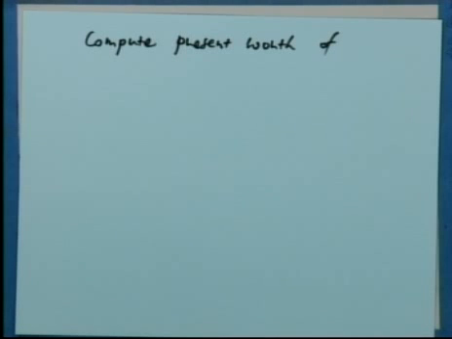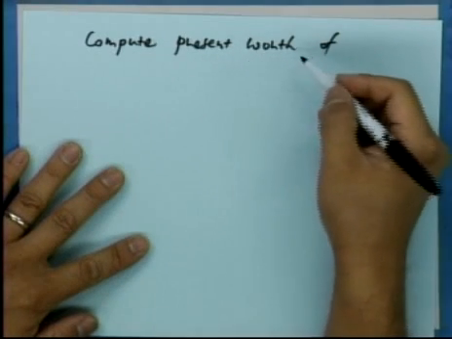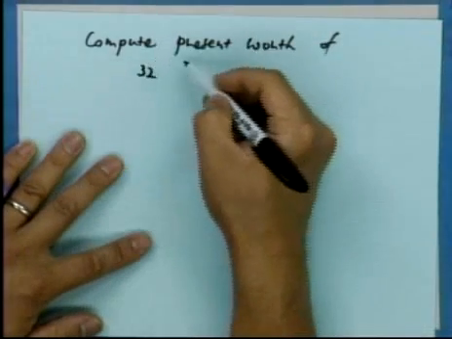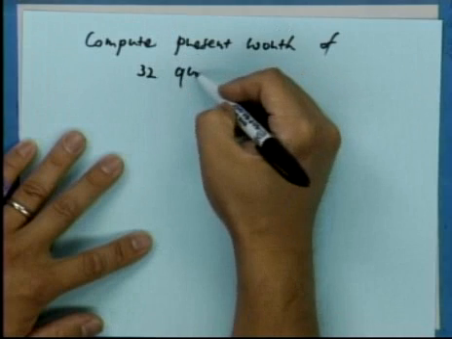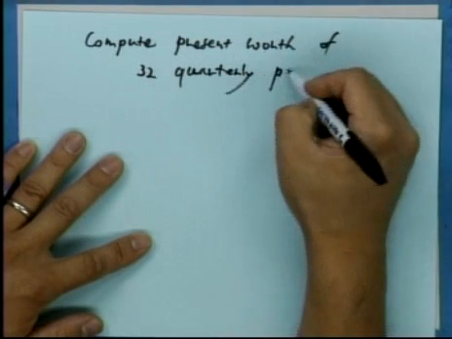How many quarters do we have in 8 years? 32 quarters, right? So we are going to compute present worth of 32 quarterly payments.